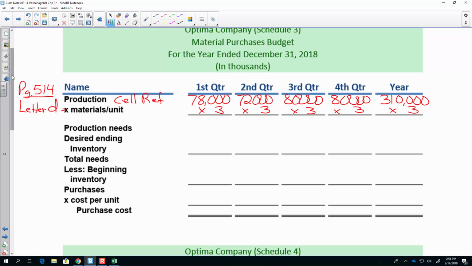So go ahead, multiply them out. Again, these are just units. No dollar signs.